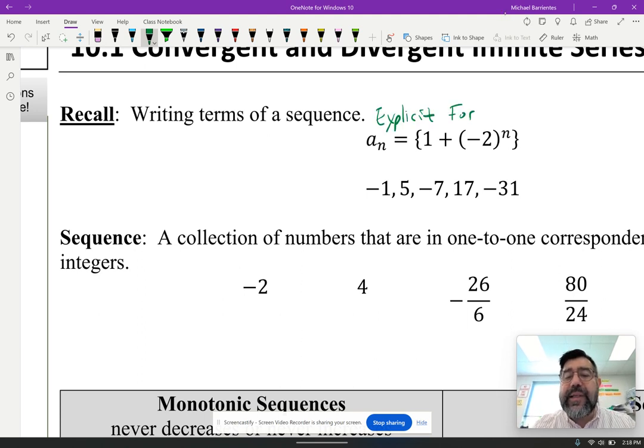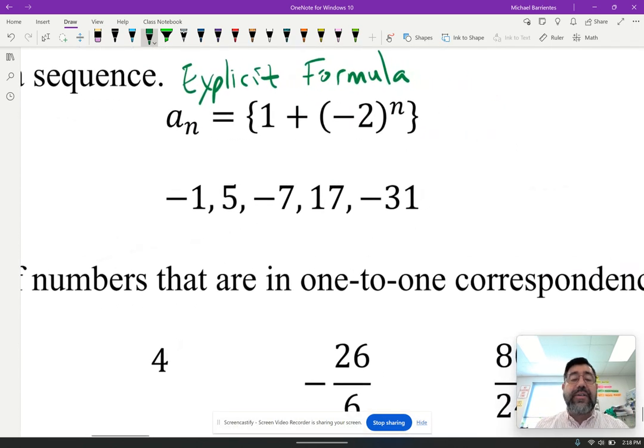And the reason is because if I want to know what a sequence is or what the sequence list is, all I need to do is use this formula, because if I want to find the first term, that means n equals 1. So I'm going to substitute 1 into this formula. And if I substitute 1 into the formula, this would be negative 2 to the 1 power, which is negative 2, plus 1, that would be negative 1. The answer is the term in that position.